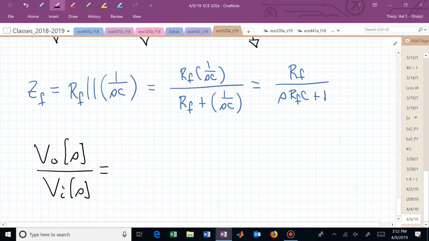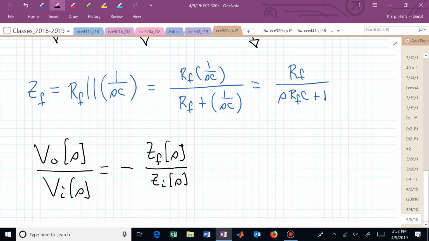Between V sub I and V sub O, that's just like what we had in the inverter circuit if we said, instead of the feedback resistor, we have our feedback impedance that we were calling Z sub f, and it's a function of s now, and we have our Z sub I of s. That we could derive just putting in blocks Z sub I and Z sub f and rederive what we just did for the inverter. And now we need to simply plug in the appropriate expressions for those impedances.